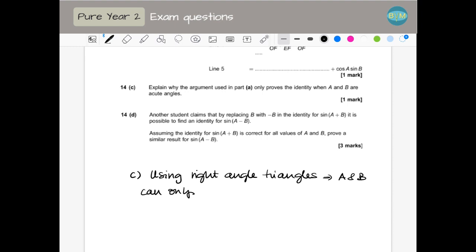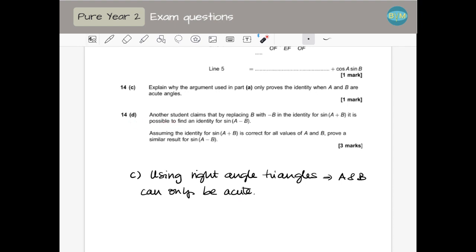We cannot have an angle greater than 90 in any right angle triangle. That's enough to say that we are always using right angle triangles, and A and B must be smaller than 90. They have to be acute.